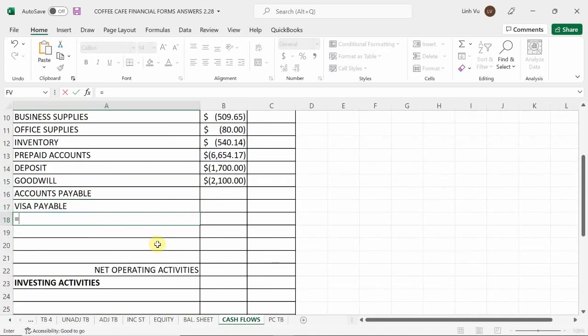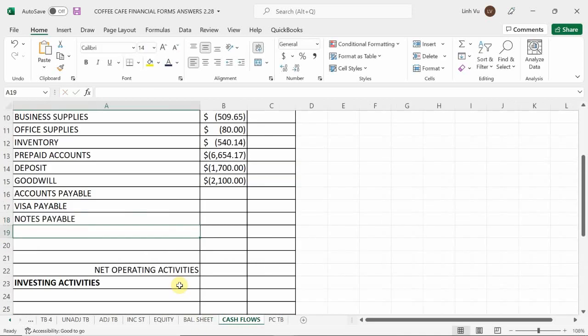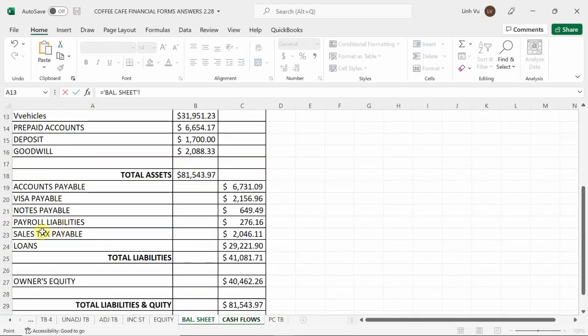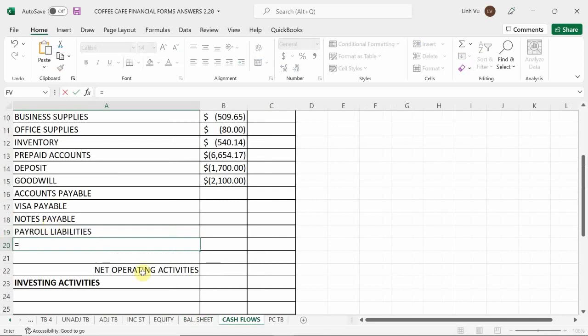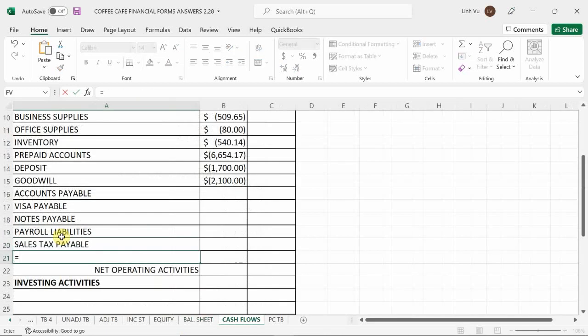I have my accounts payable, Visa payable, notes payable, I have my payroll taxes, as well as my sales tax, as well as my loans.